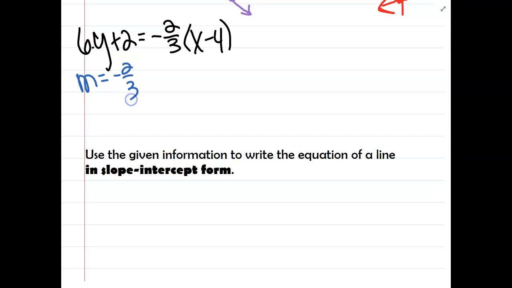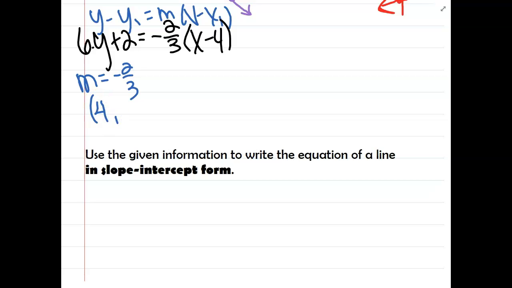-2/3. Okay, now, remember, these are the form y minus y1 equals m times x minus x1. I need that point. I need this x1, y1, but you have to be careful because when you plug these numbers in, keep in mind that when I plug the x in, I say x minus whatever x is. So when I'm finding my point, it's going to be x minus 4.